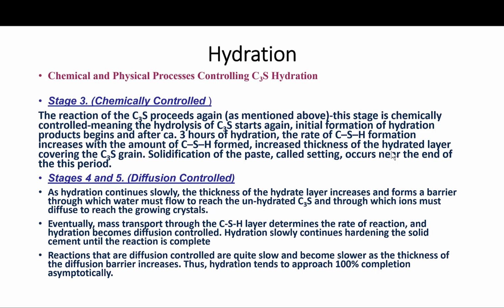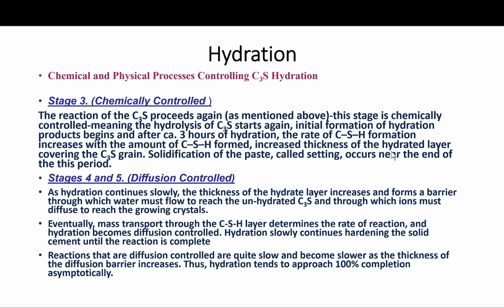Okay, then we have stage 4 and stage 5. These stages are diffusion controlled. As the hydration continues slowly, the thickness of the hydrate layer increases and forms a barrier through which water must flow to reach the unhydrated C3S, and through which ions must also diffuse to reach the growing crystals. This is stage 4.